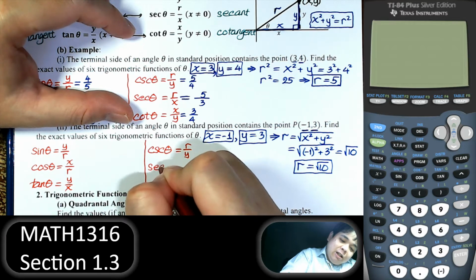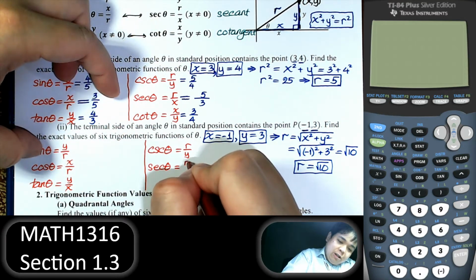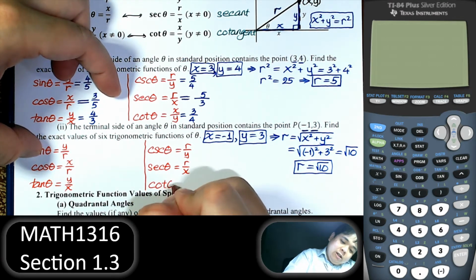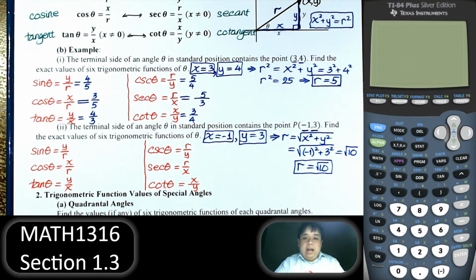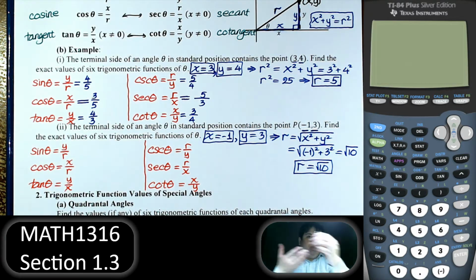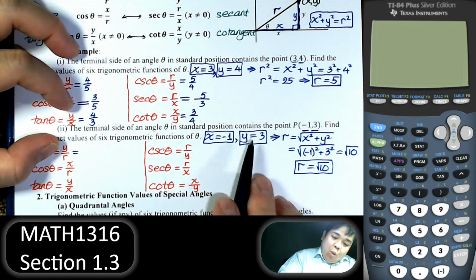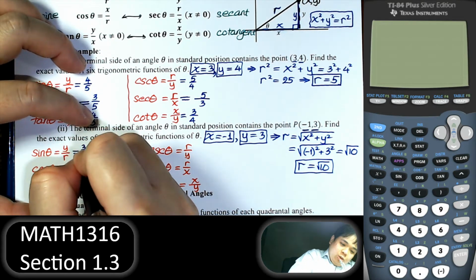Secant is the reciprocal of cosine. And cotangent is the reciprocal of tangent. And we have x, y, and r. Put it back in the definition. And that's right. Y over r, 3 over square root of 10.